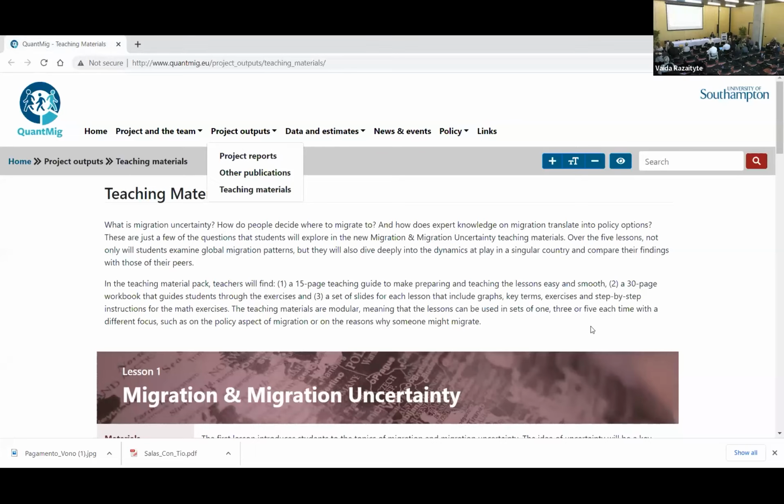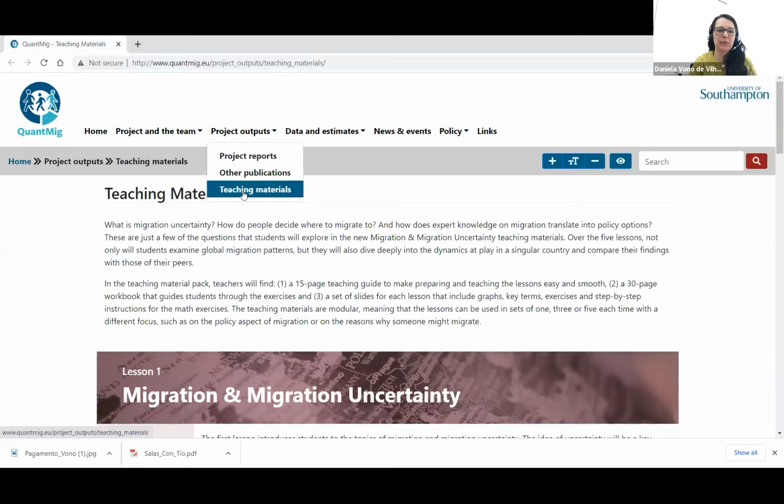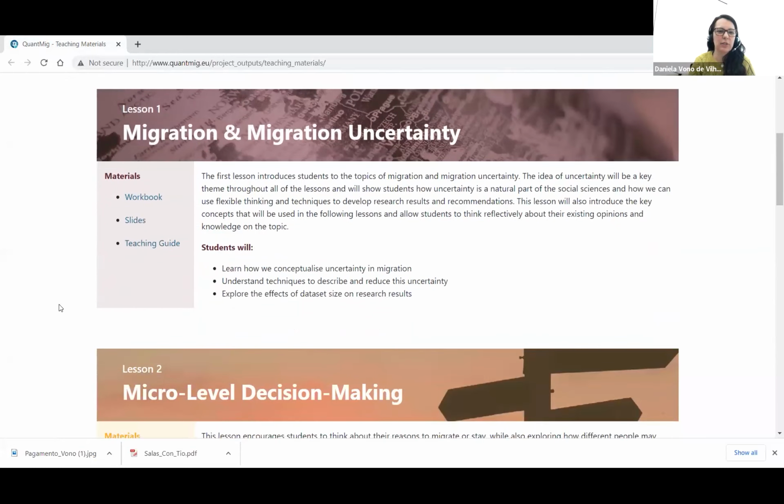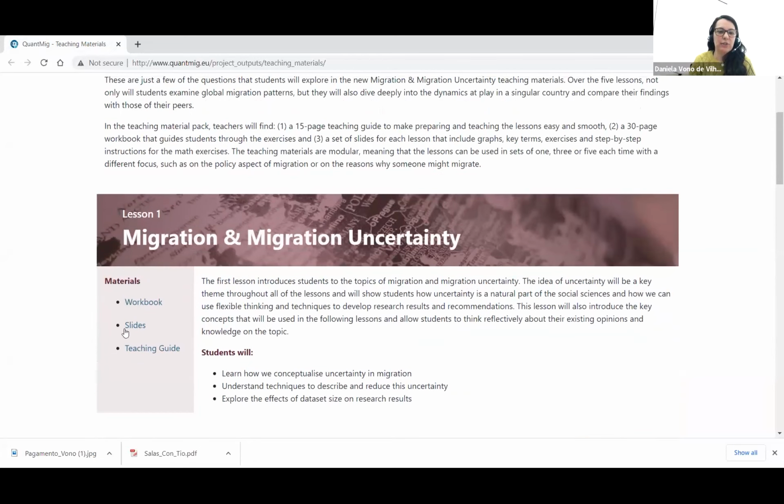Yeah, okay. So just to show you again, it's under project outputs and then teaching materials. The quiz is still not there. As I said, it's work in progress, but it will be here very soon, in the next 15, 20 days I guess. Here you can see that it's divided into lessons, but it's very user-friendly.